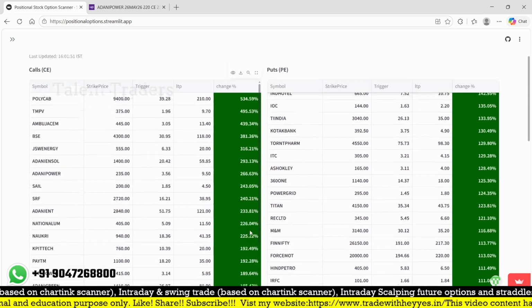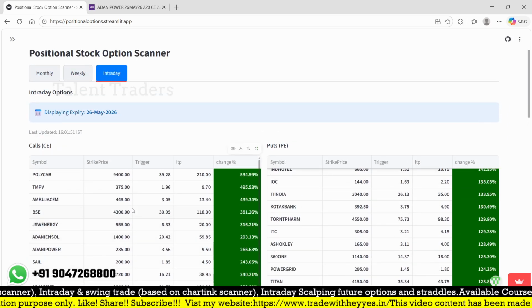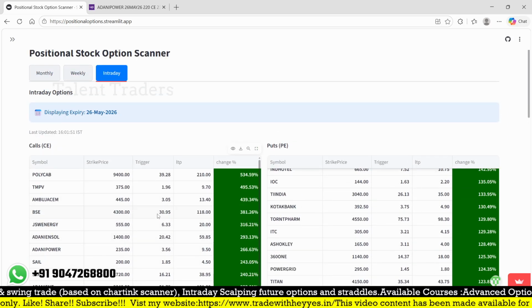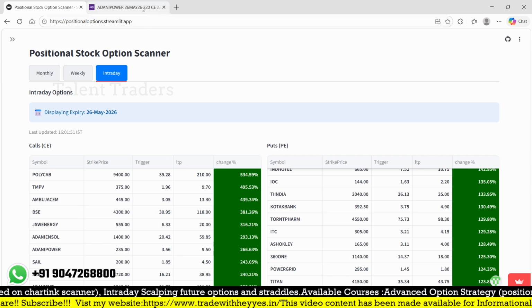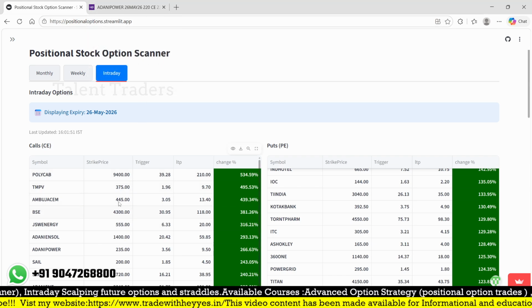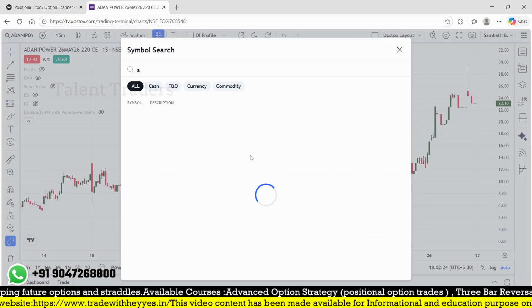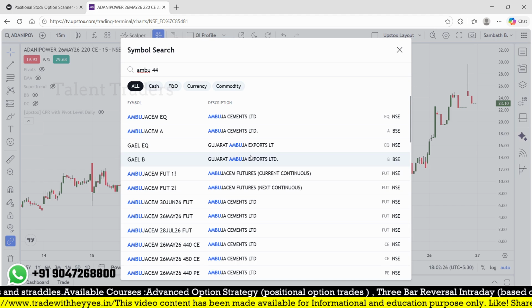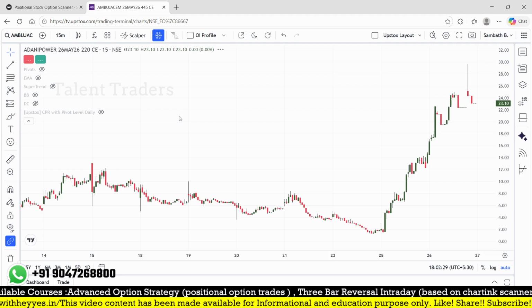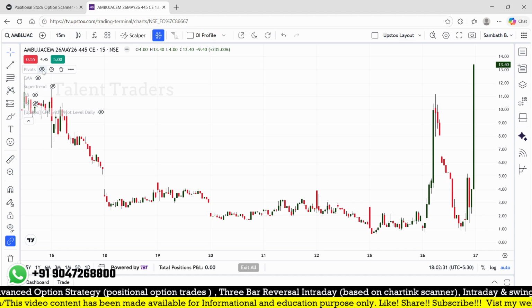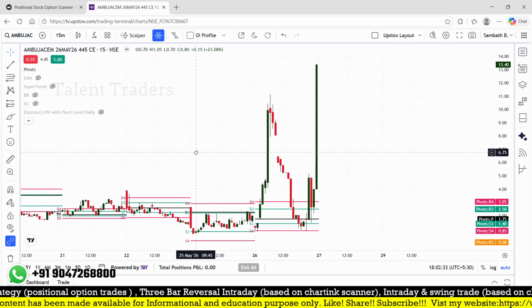Today it was a gap up open, and after that we saw a lot of R4 breakouts. Again, there are questions on this R4 breakout. For an example, Ambuja 445 is an R4 breakout. On both sides, the call side as well as the put side, we are looking for the R4 breakout.